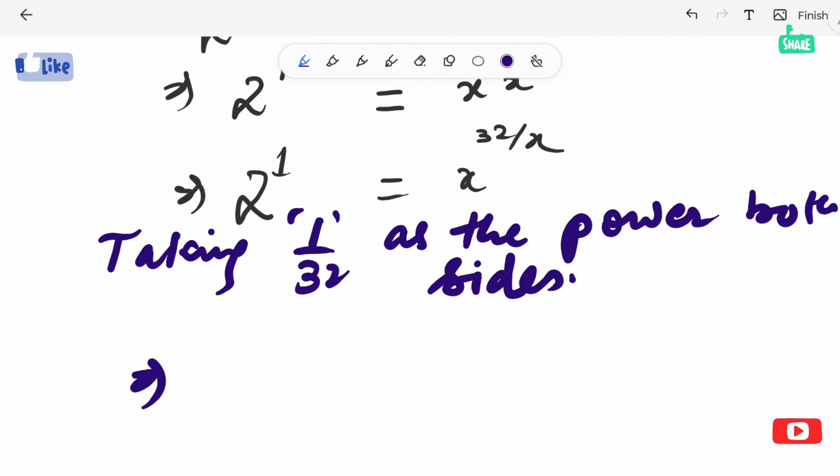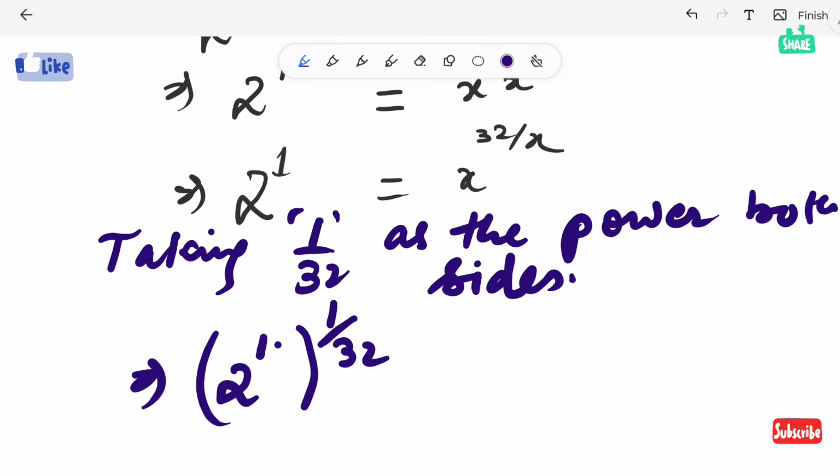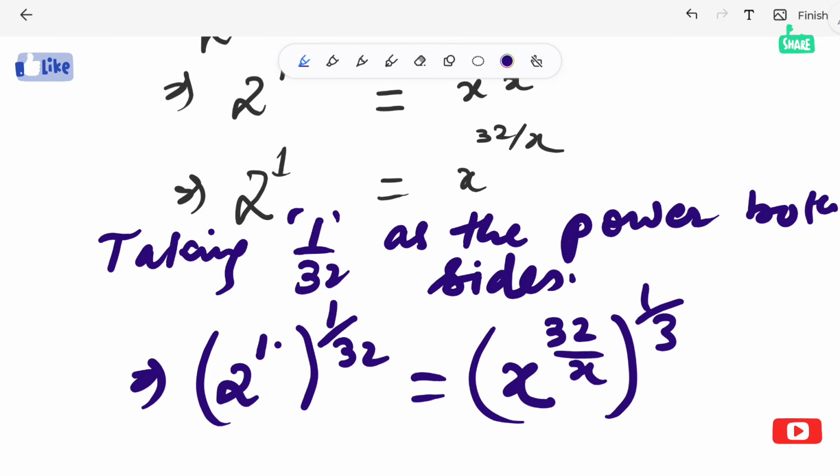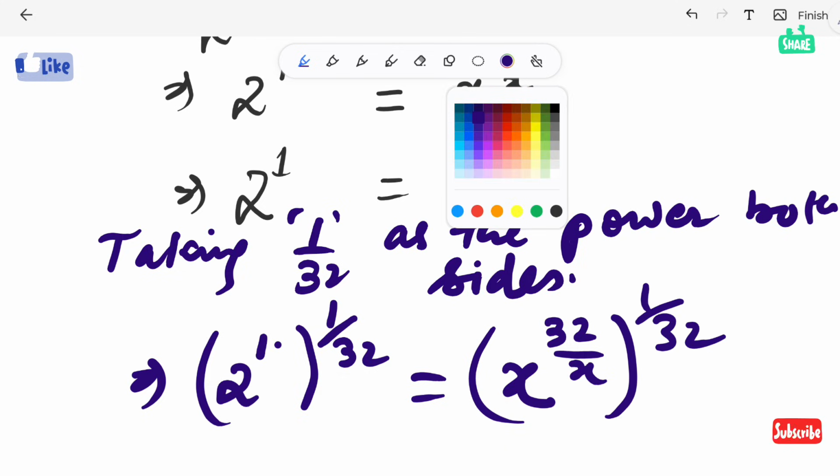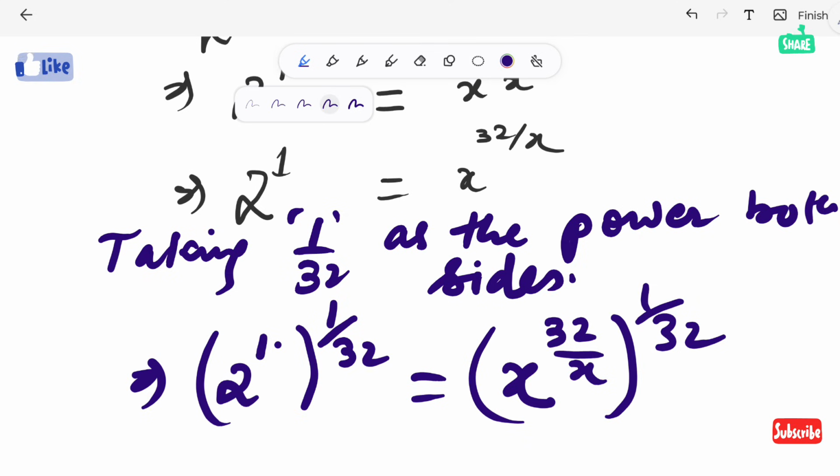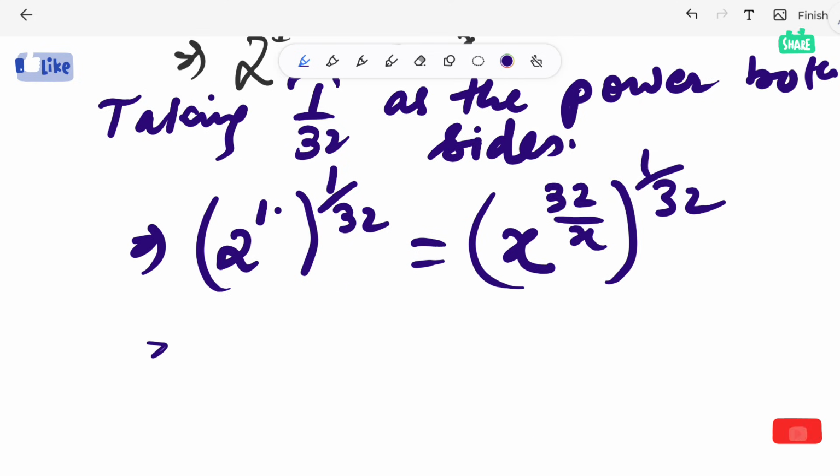You'll get 2 to the power 1 with 1 by 32 as the power. On the right hand side also, x to the power 32 by x is there, with 1 by 32 as the power. Now after that, use the same concept: the powers will be multiplied, isn't it?